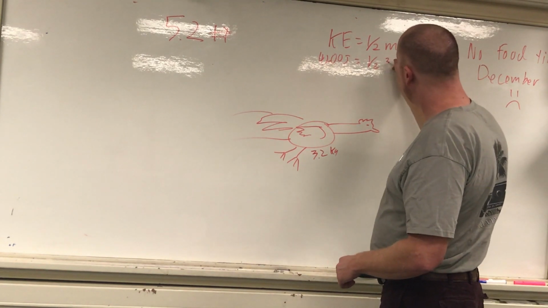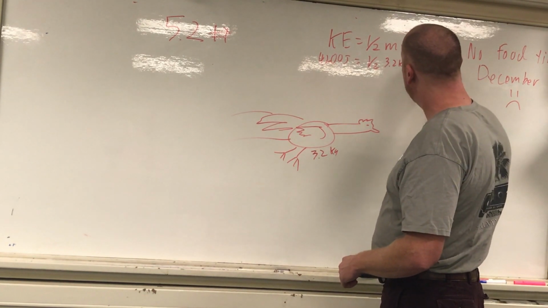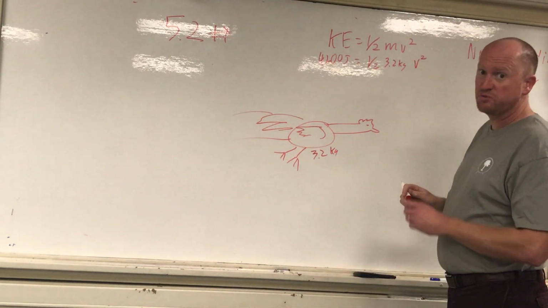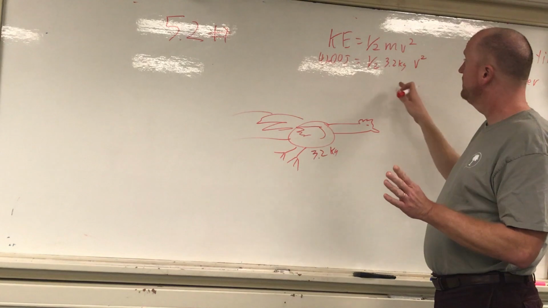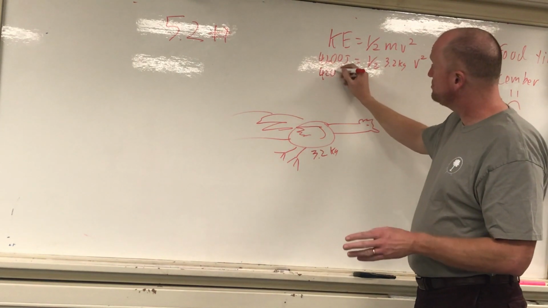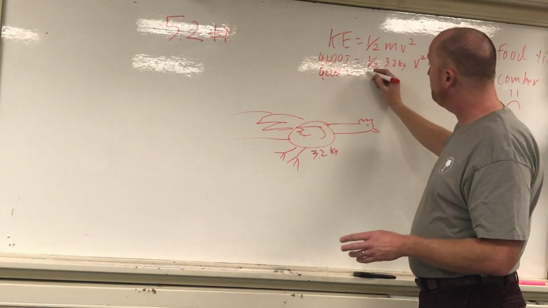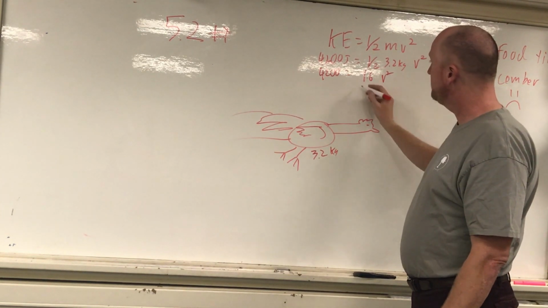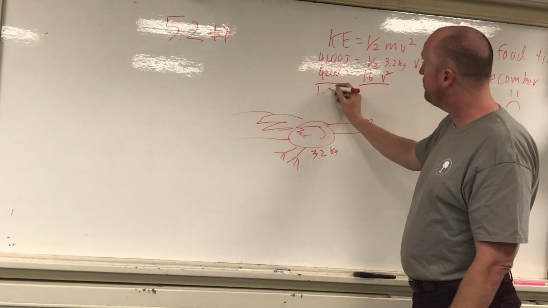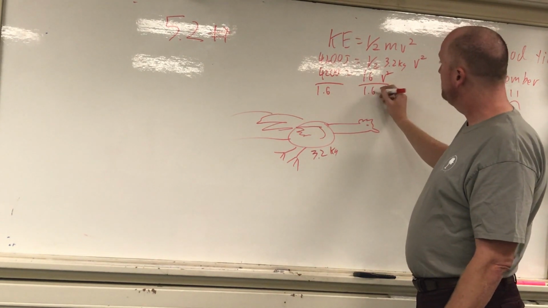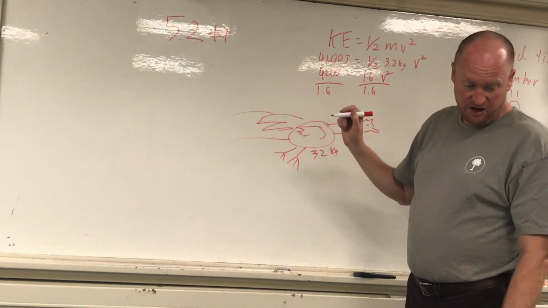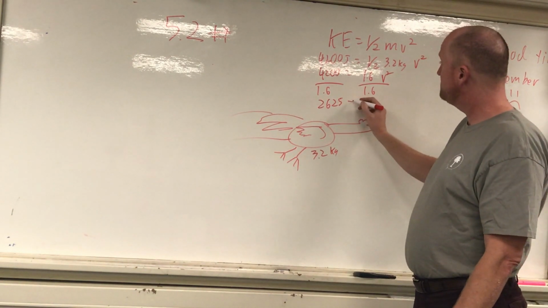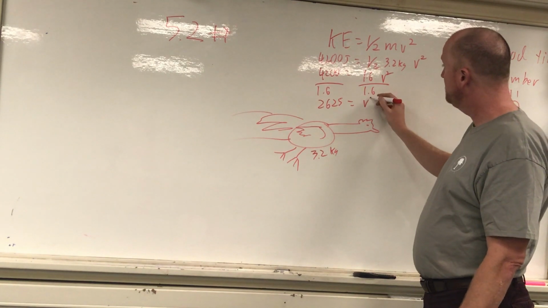I have the mass, 3.2 kg, and v is the mystery. So, 4,200 is equal to 1/2 of 3.2, which is 1.6 v squared. Divide both sides by 1.6, and you end up with about 2,625 is equal to v squared.